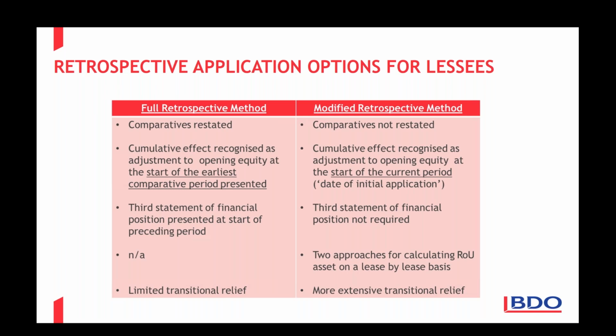And then very important is the second last bullet point under modified retrospective method. And that says there are actually two approaches for calculating the ROU, which is right of use asset, on a lease by lease basis. So basically, the modified retrospective method splits into two alternatives. And therefore, if you think about what are my possible transitional approaches, there's actually three. And then if you use any of the modified retrospective methods, there's a lot of transitional calculation relief available.